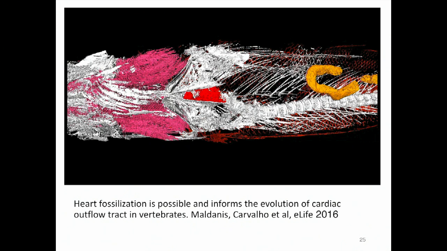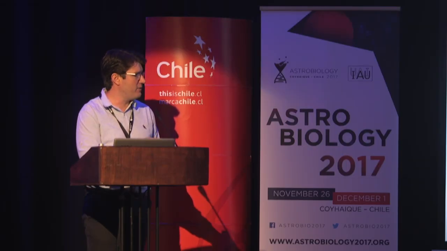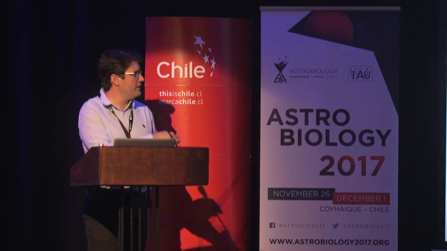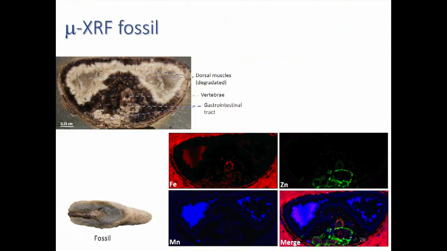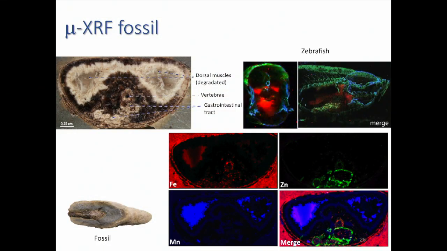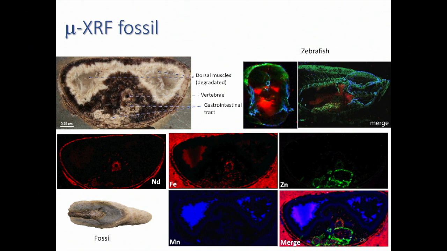We have also mapped the fossil on the different elements by XRF. And what we have been showing, when we compare to modern fish, a zebrafish as a model, is the distribution of elements. In green here we have zinc, for instance, which is on the bones of the modern animals. When you go back in time, what we can see is that the zinc has been transported to the soft tissues.